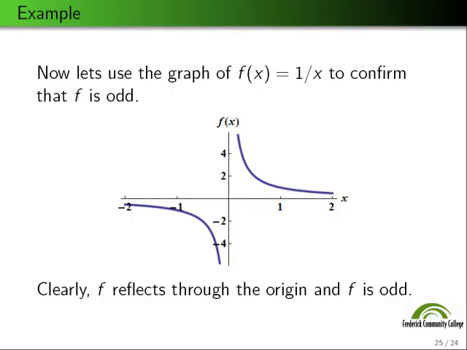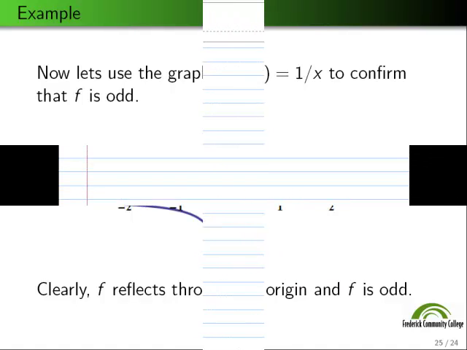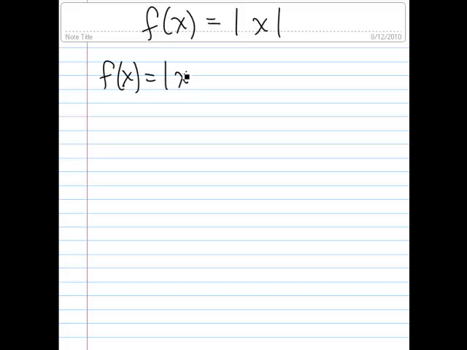Next, let's do one by hand. Okay, so our function we want to look at is going to be f of x equals the absolute value of x. We should know that this function f of x equals the absolute value of x can be defined in a piecewise manner as x if x is bigger than or equals 0, and negative x if x is less than 0.